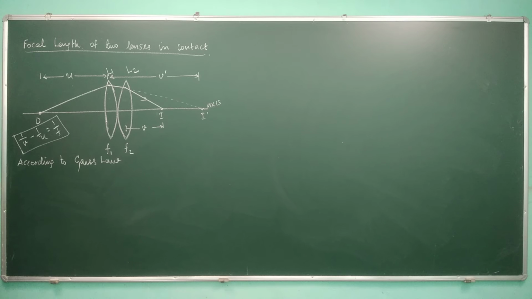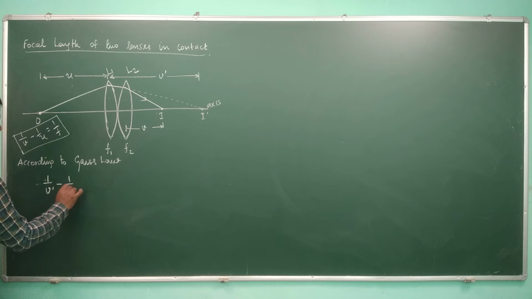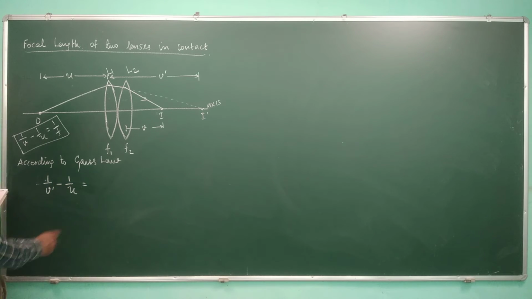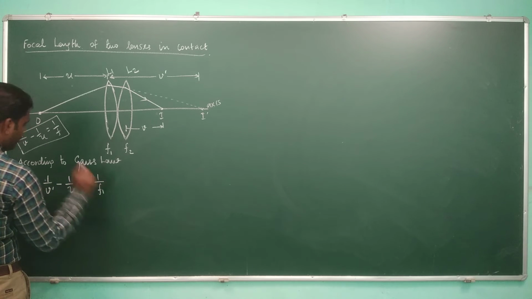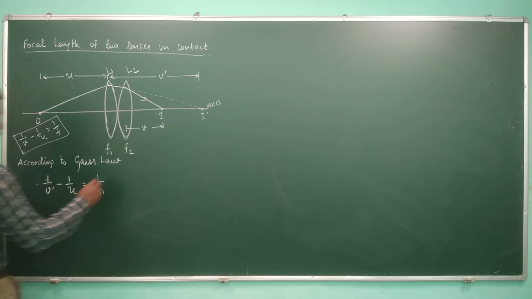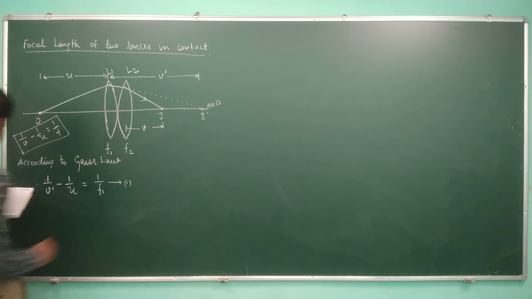We are going to apply it two times, for lens 1 and lens 2. So for lens 1 we can write, with v replaced by v prime, 1 by v prime minus 1 by u is equal to 1 by f1. This is equation 1.